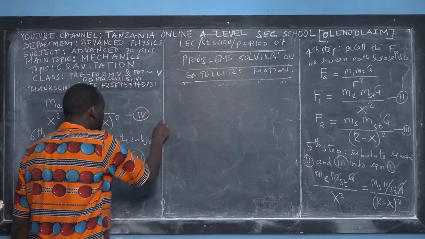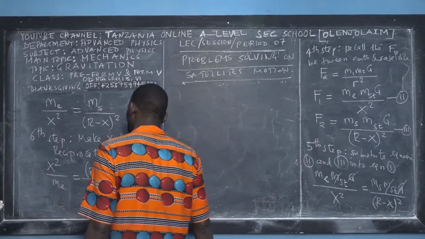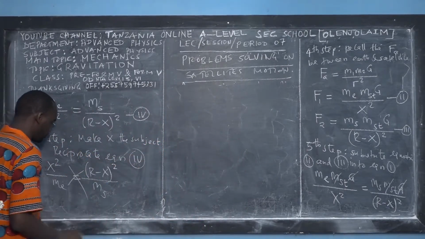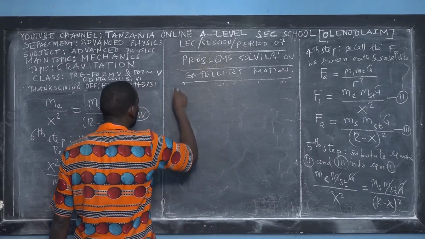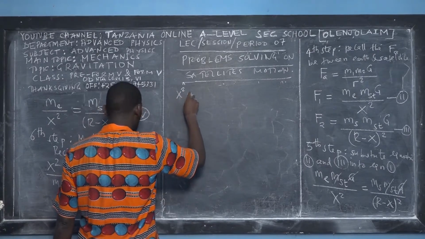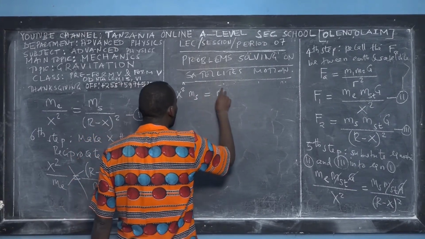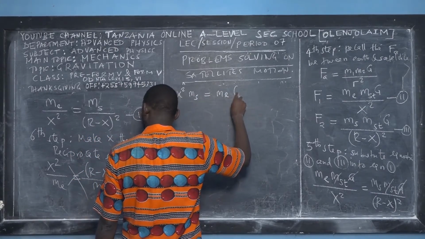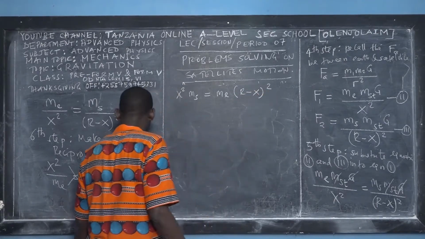So we are still proceeding to make x the subject. For this case we cross multiply, and then we have x squared times the mass of the sun is equal to the mass of the S times the distance from the S to the sun, squared.